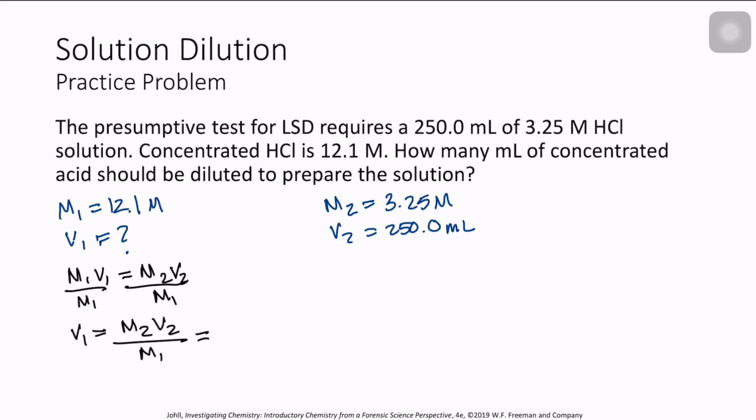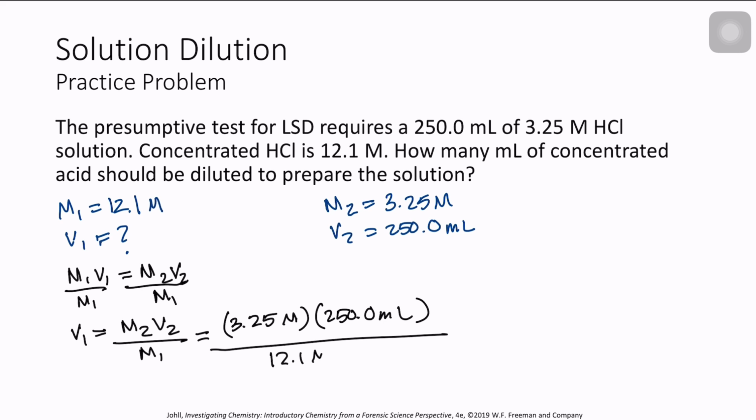So we'll get 3.25 molar times our V2, which is 250 milliliters, divided by our M1, which is 12.1. Notice I didn't change the units of volume to liters. I don't have to.